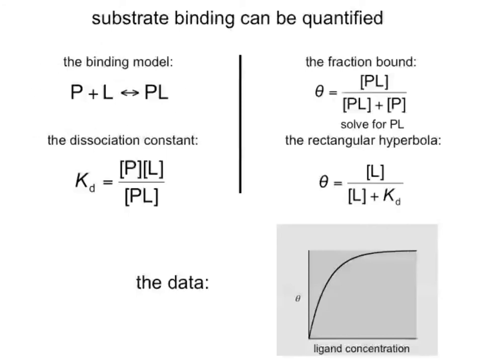So we can extract a KD. Now, another reason for extracting a KD is that we can make comparisons between one system and another. We make a mutant in myoglobin, for example, or we present an alternative ligand, and then we can establish the differences in binding affinities of the protein for those different ligands or in those different backgrounds.